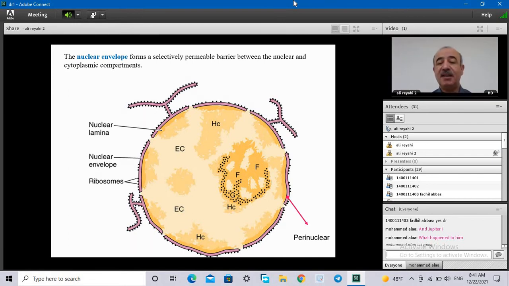That means the nuclear envelope doesn't allow every material to enter the nucleus. It selects the material, and the material usually passes through the nuclear pore. Attention please, where the outer and inner membranes of the nuclear envelope reach each other, they form the pore. This pore is called nuclear pore.